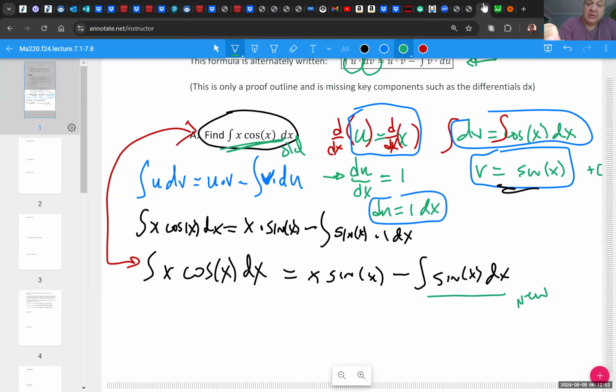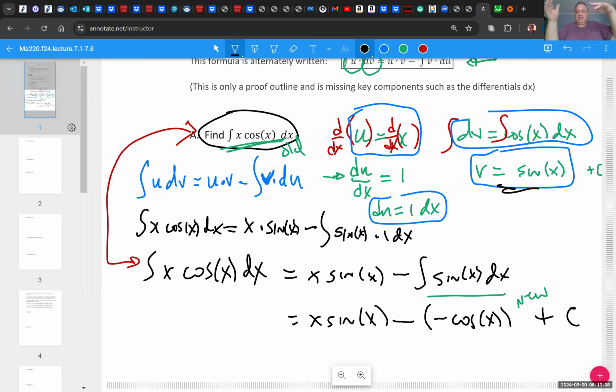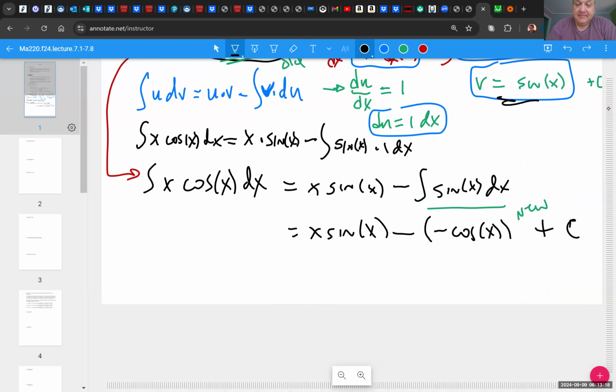So let's go ahead and finish this problem. The integral of x cosine x dx is equal to x sine x minus the antiderivative of sine x. The antiderivative of sine x is negative cosine x. And now we'll put in our plus c, which is the addition of previous c's. If you want to put plus k, you can, it doesn't really matter. It's just some constant. So don't get too wrapped up in there. Just remember to put a plus c at the end.